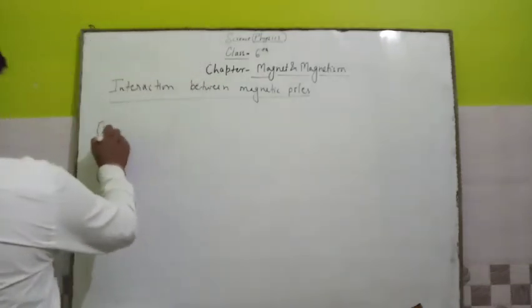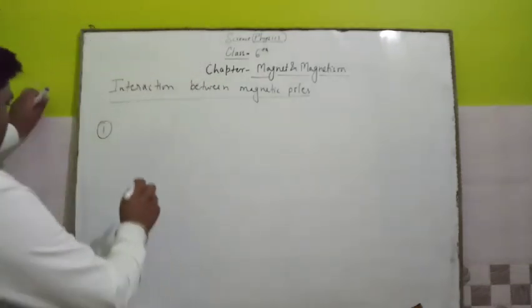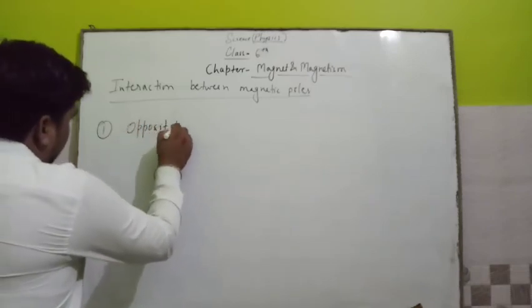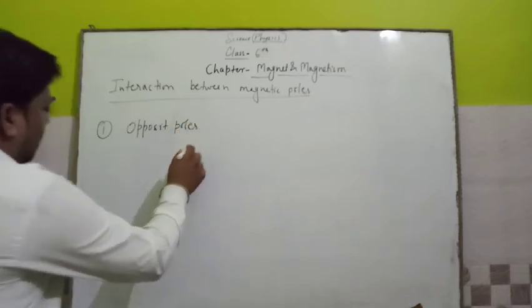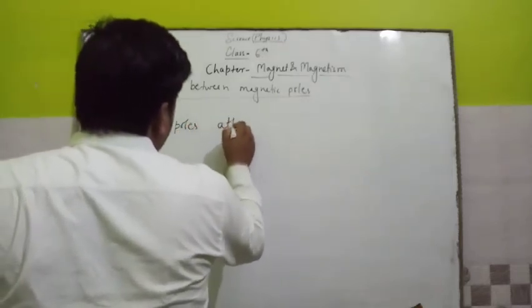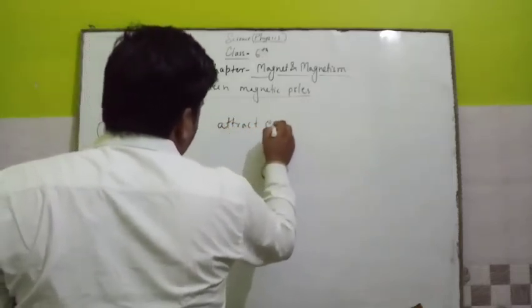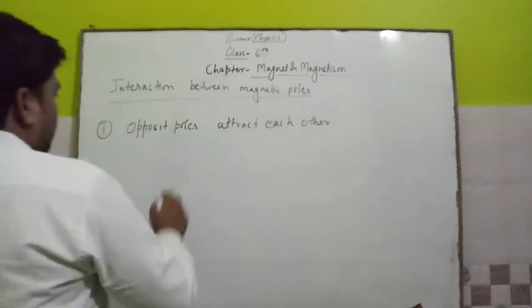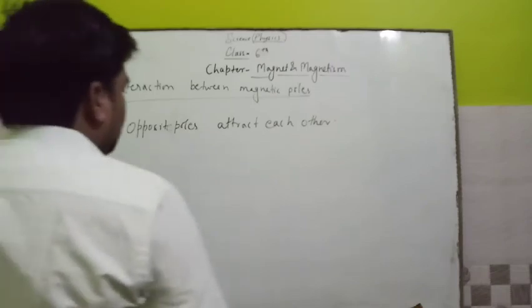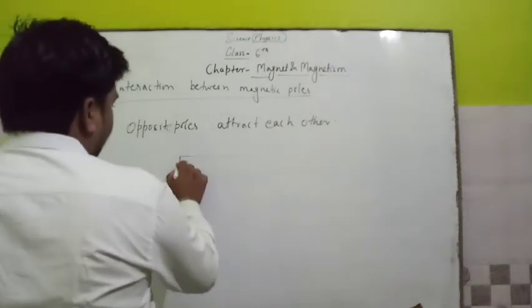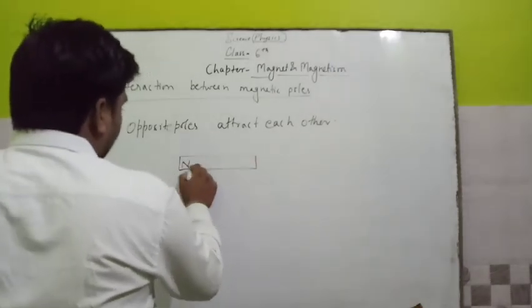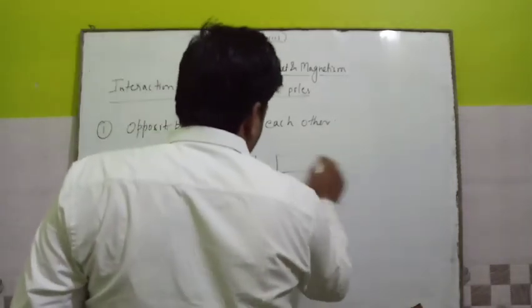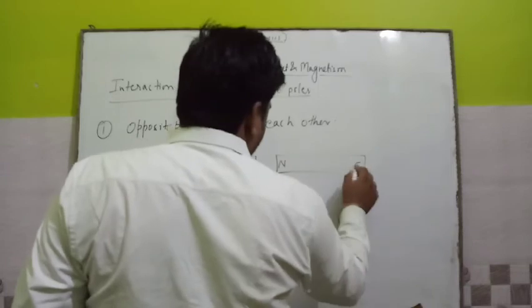Now let's see. First, opposite poles attract each other. What does it mean? Suppose this is a magnet with a north pole and a south pole, and another magnet with a north pole and a south pole.